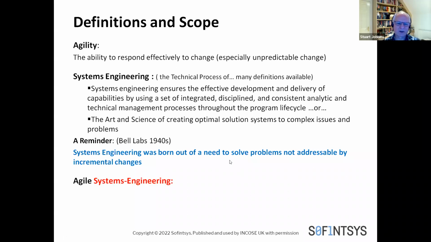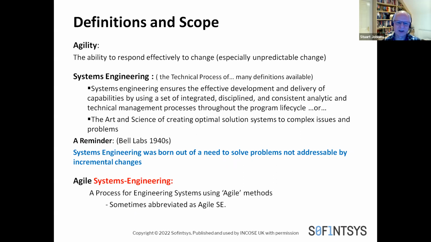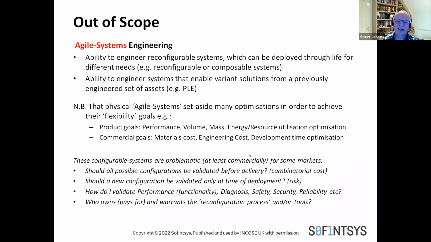What I'm going to address is Agile systems engineering, i.e. approaches of using Agile processes for engineering systems, which is sometimes abbreviated as Agile SE. To be clear, what's going to be out of scope is agile systems, i.e. the generation of reconfigurable modular systems that allow you to compose different solutions on the fly from the components.